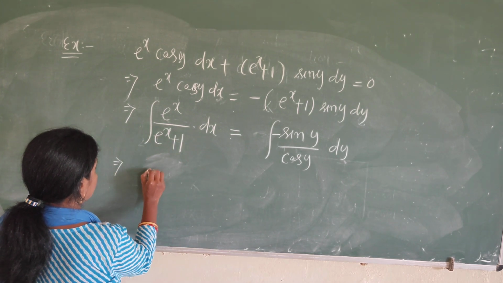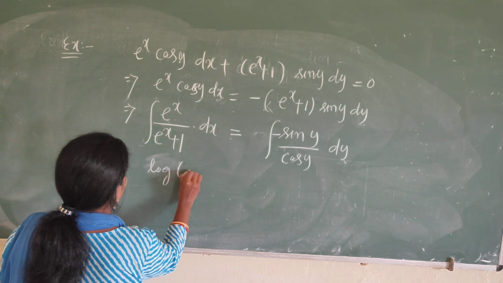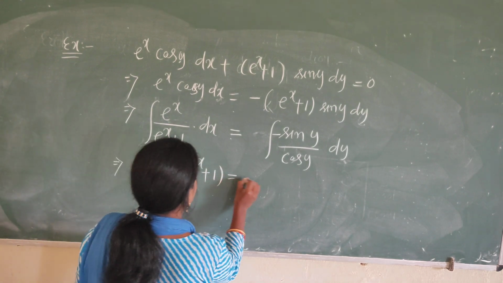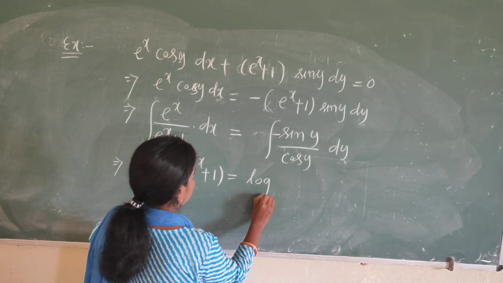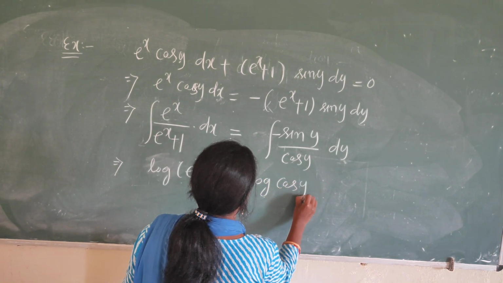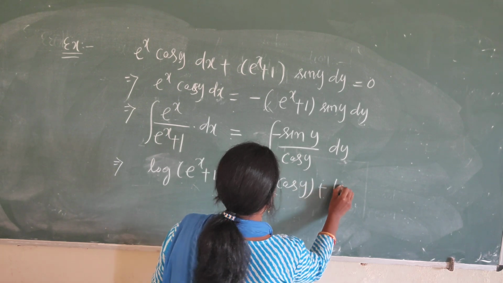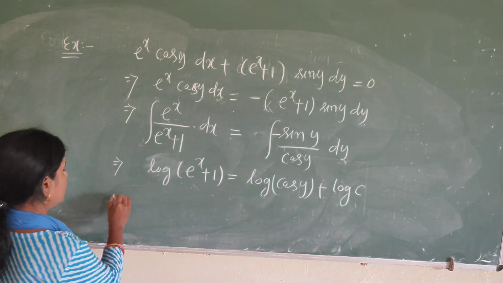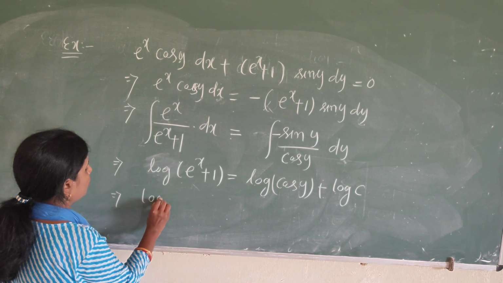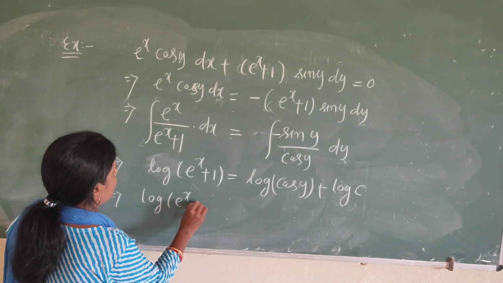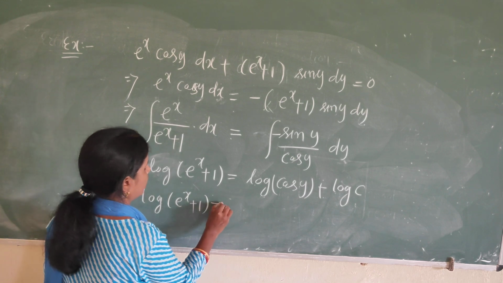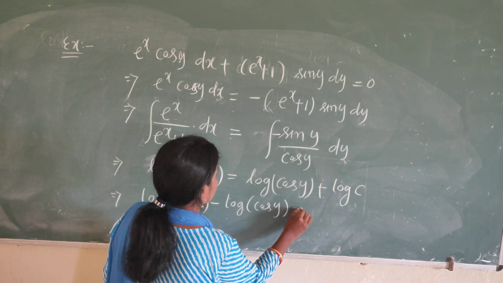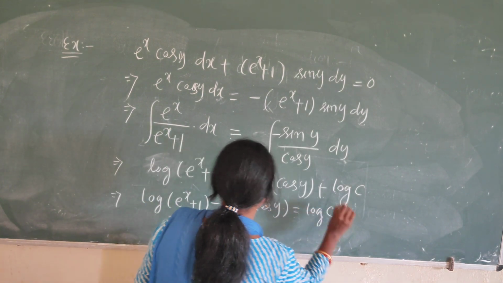So its integration is log (e to the power x plus 1), and also its integration is log cos y, and the constant is log c. That gives log (e to the power x plus 1) and log cos y equal to log c.